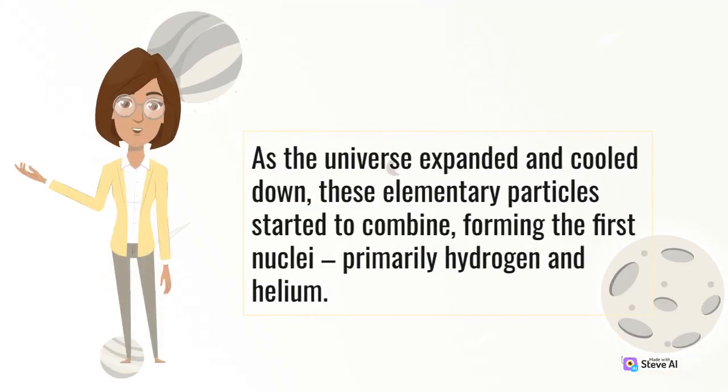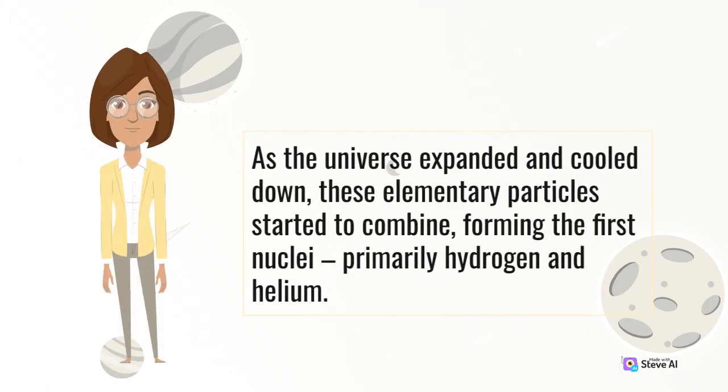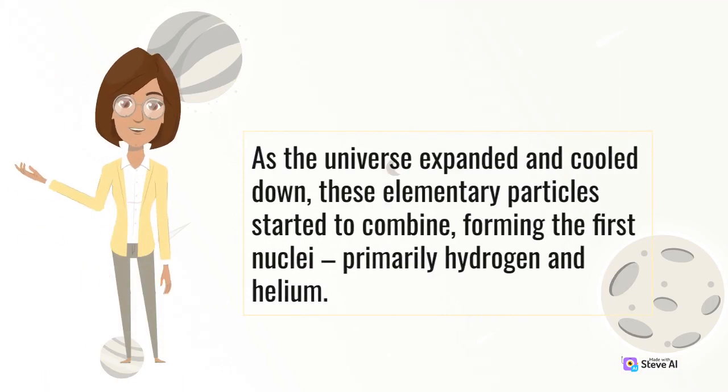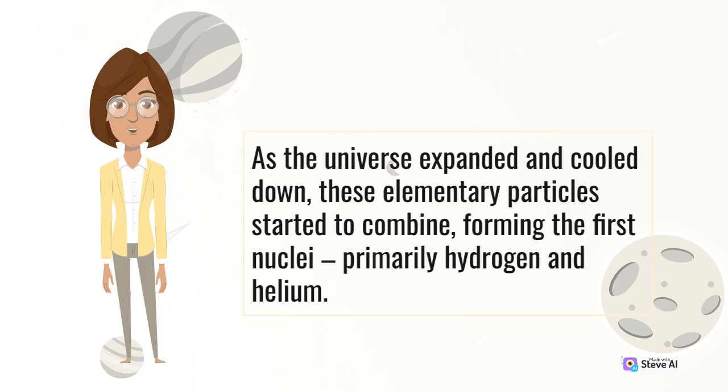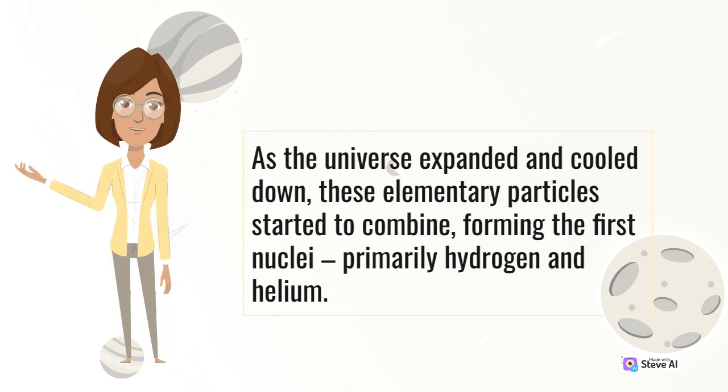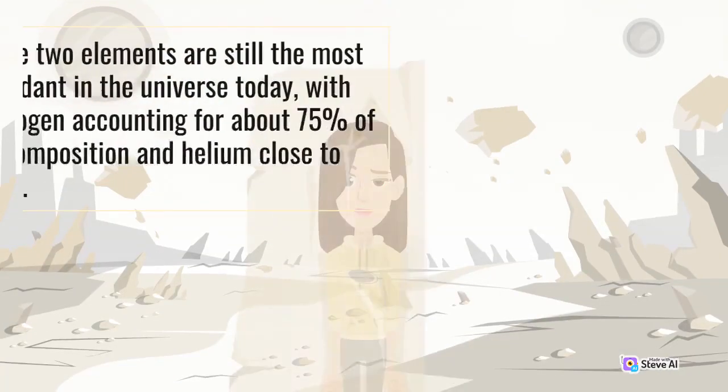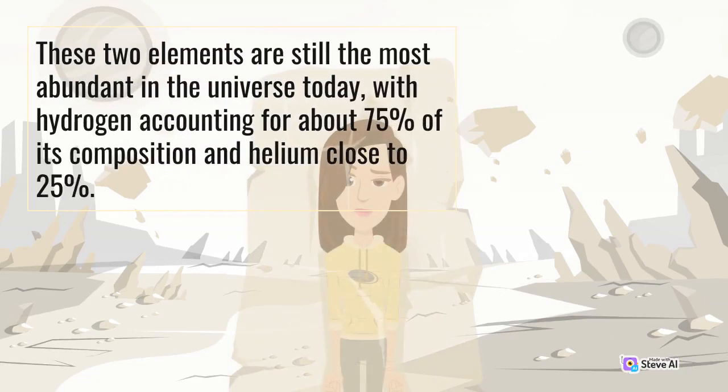As the universe expanded and cooled down, these elementary particles started to combine, forming the first nuclei, primarily hydrogen and helium. These two elements are still the most abundant in the universe today, with hydrogen accounting for about 75% of its composition and helium close to 25%.